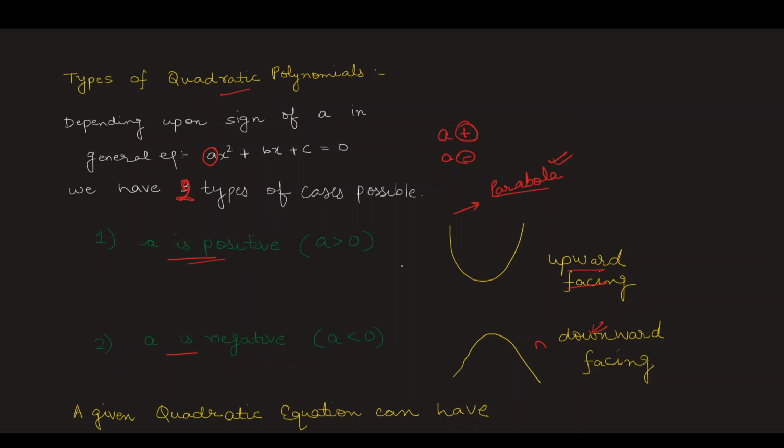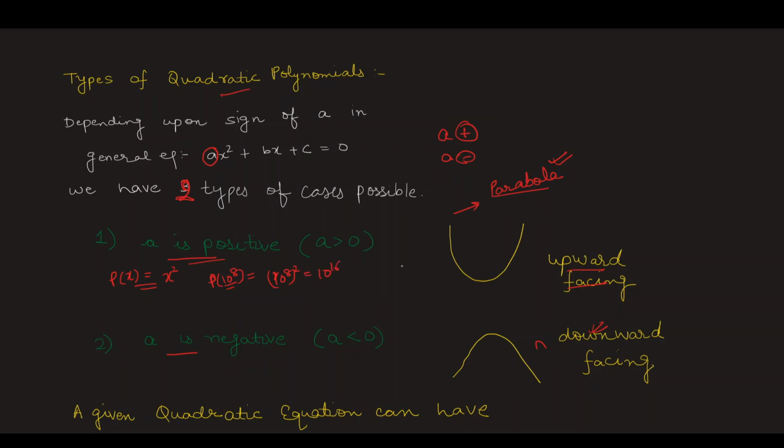We can verify it. Suppose we take a quadratic polynomial p of x equal to x square, say, and we find this value of p of 10 to the power 8. See, this 10 to the power 8 is a very big number, but p of 10 to the power 8 is 10 to the power 8 whole square, that is 10 to the power 16.